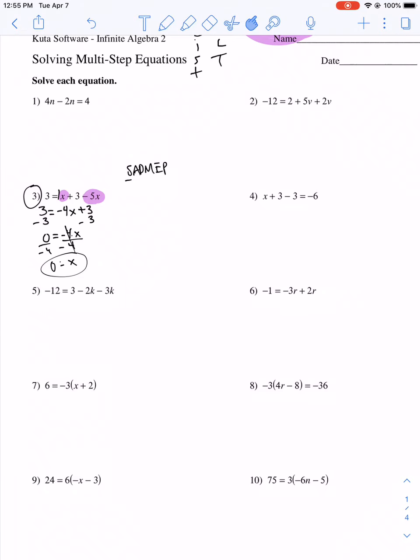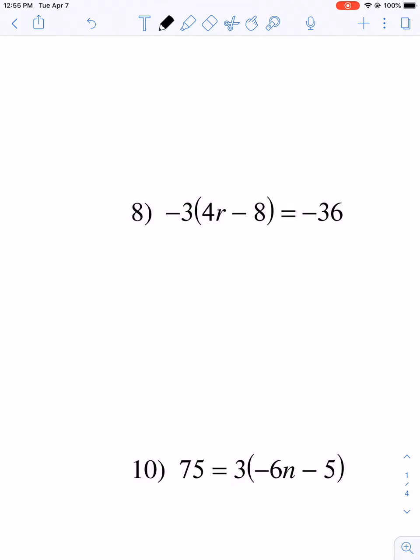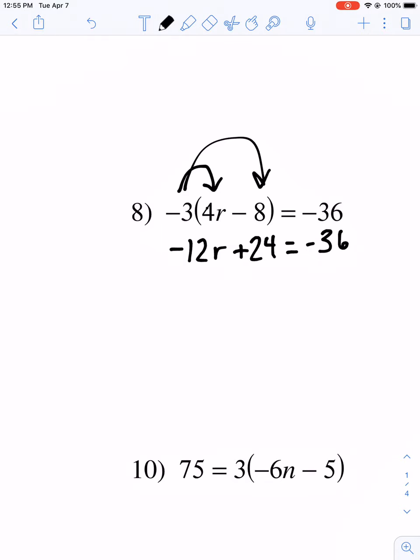Alright, how about number 8? Alright, so I have some distributing. Remember, we're going to distribute to both. Negative 3 times 4r is negative 12r. Negative 3 times negative 8 is positive 24. And then we look, is there any combining? There is not, so we're going to use SADMAP, our inverse order of operations. Opposite of adding is subtracting, so I look for any subtracting.